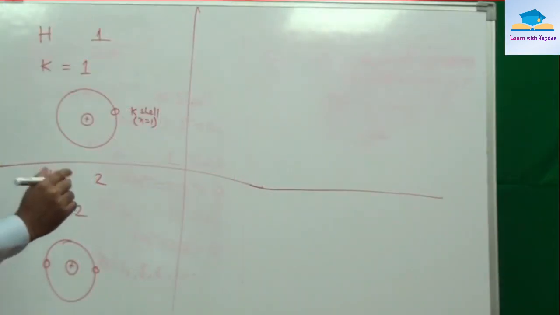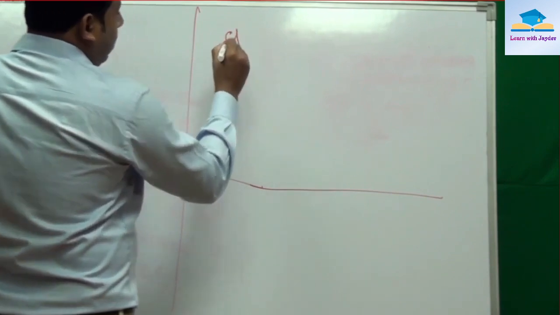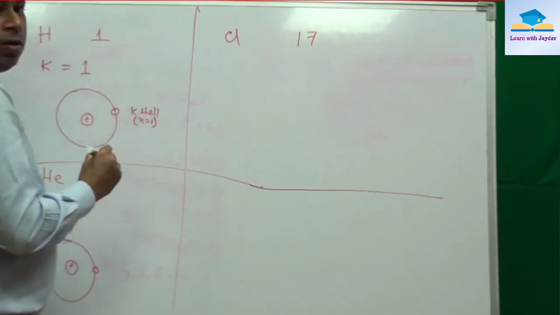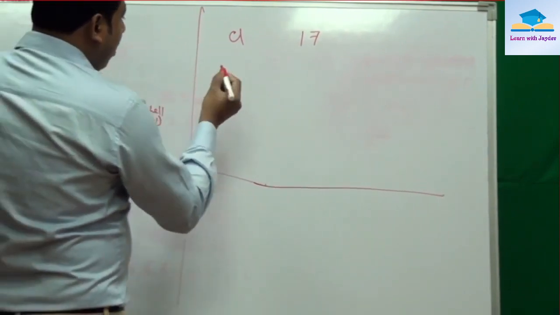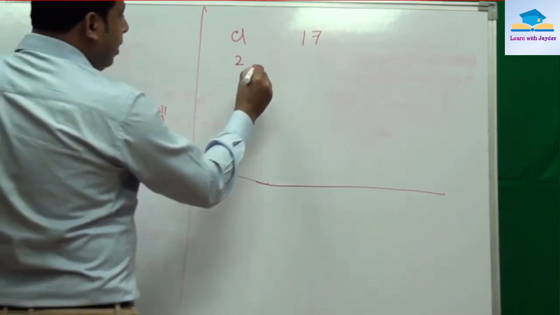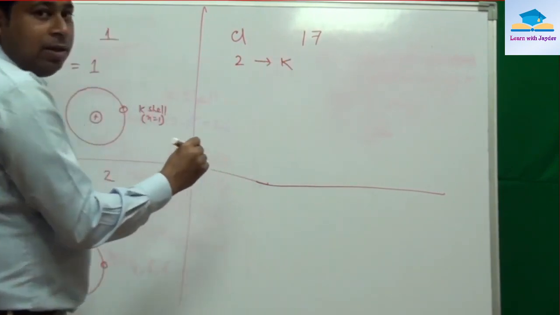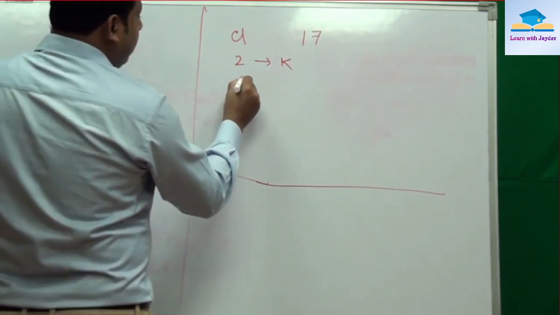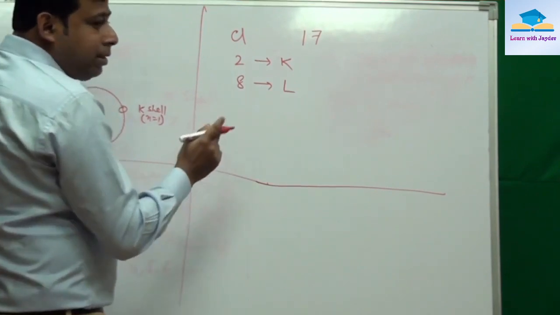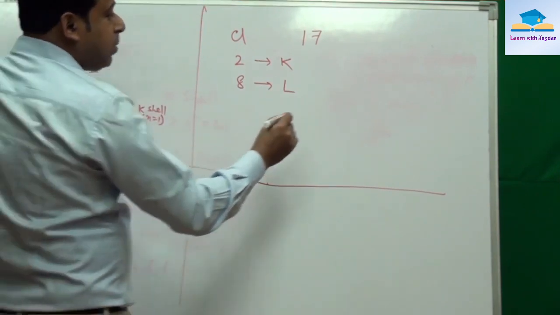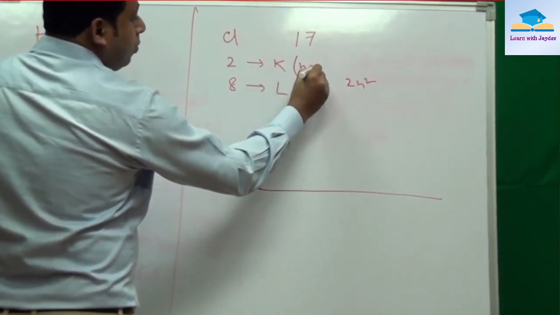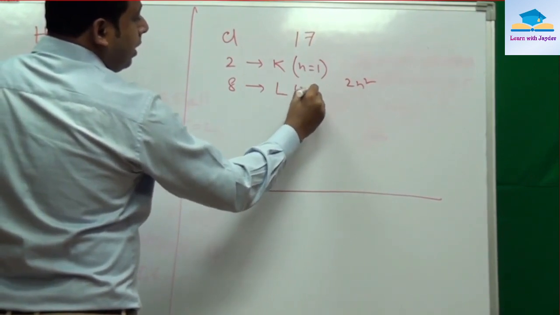Now we take the chlorine atom. There are 17 electrons in the chlorine atom. So the first 2 electrons will be accommodated in the K cell because the K cell can accommodate a maximum of 2 electrons, and 8 electrons will be accommodated in the L cell because the L cell can accommodate a maximum of 8 electrons as per the formula 2n square, where K is n equals 1 and L is n equals 2.